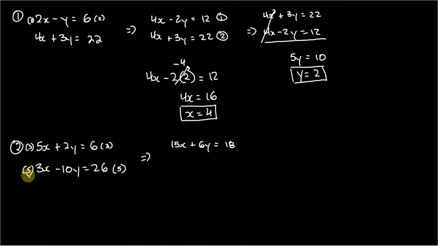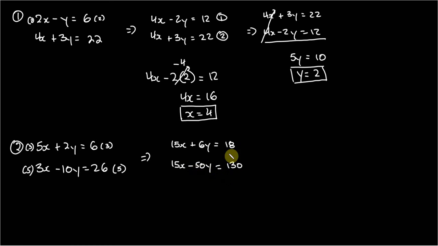At the bottom we've got again 5 times 3, 15x, 5 times negative 10 is negative 50y, and 26 times 5 is 130.